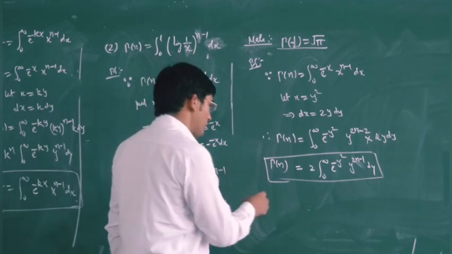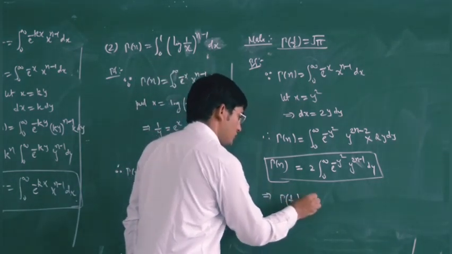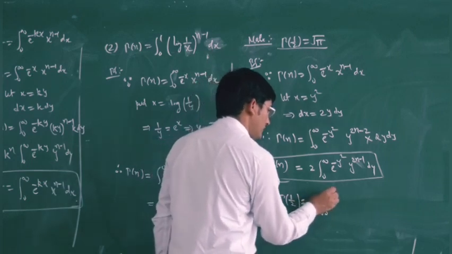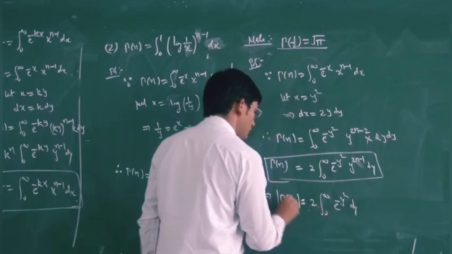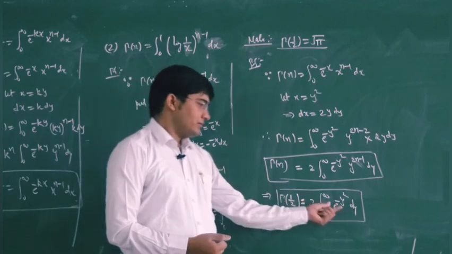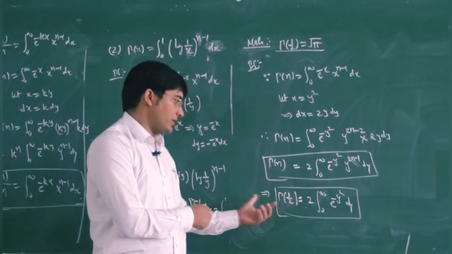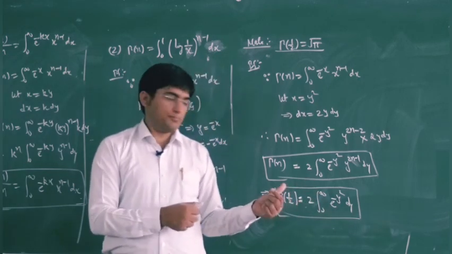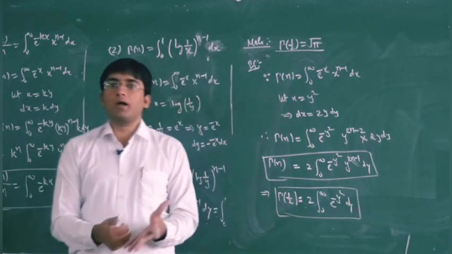If you put n equal to half, then we have gamma half equal to 2 times integral 0 to infinity e power minus y square dy. Again, if you know the value of gamma half, then vice versa we can say that the value of this integral 0 to infinity e power minus x square dx is root pi upon 2.